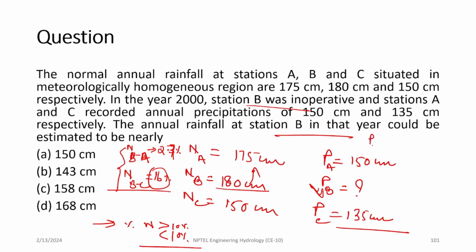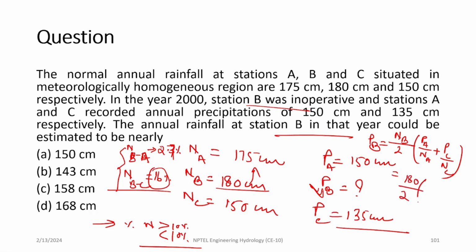So here we will be computing PB. So PB will be how much? He also got the right answer, Balamurgan also got the right answer, 12.86 centimeter. Good. Now PB, how are we calculating? We will have the value of NB divided by 2 stations, then PA upon NA, that is 150 divided by 175, plus PC upon NC, that is 135 divided by 150.